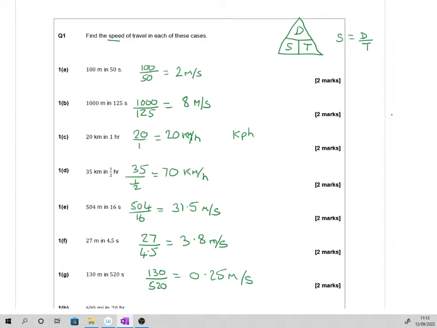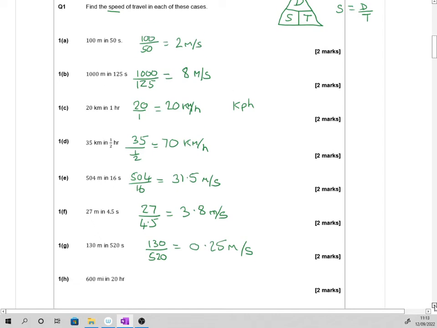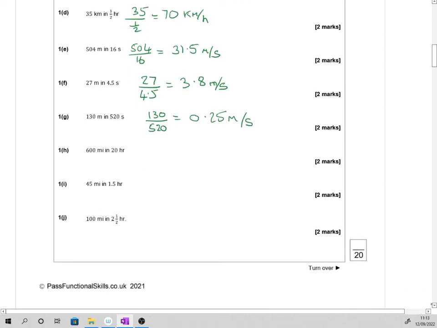It's not asking us to simplify it or change it into centimeters or anything.